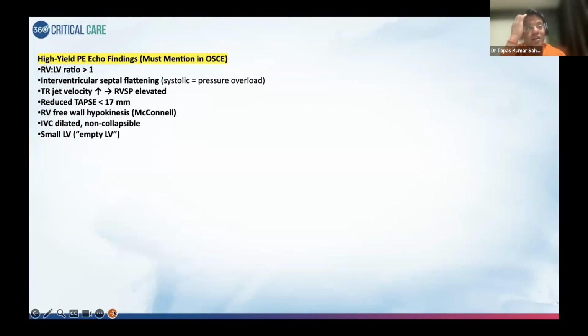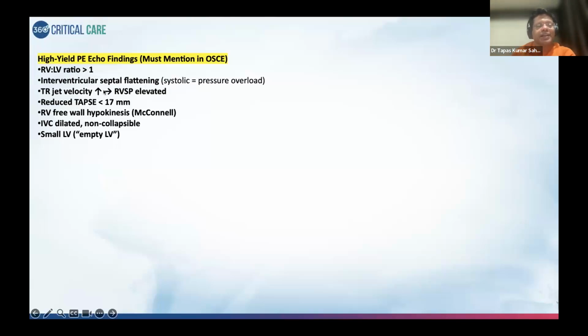Now, high yield pulmonary embolism echo findings, you will definitely get this in your exam. So always remember not only the specific one or two things that can be seen in your echo clip. Rather, you should be remembering all the things that you should be answering in your OSCE. Right ventricular to left ventricular ratio more than one. Interventricular septal flattening, that means systolic pressure overload.